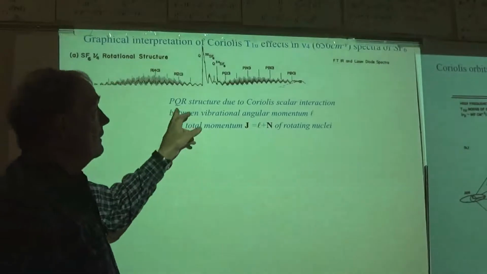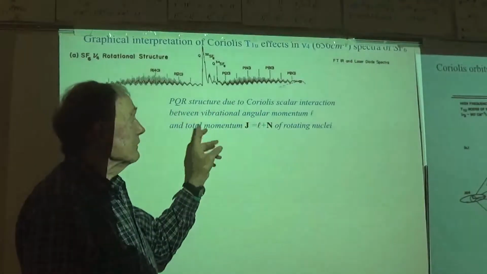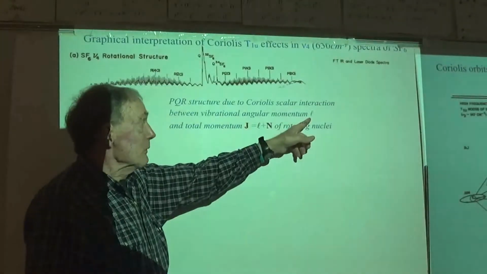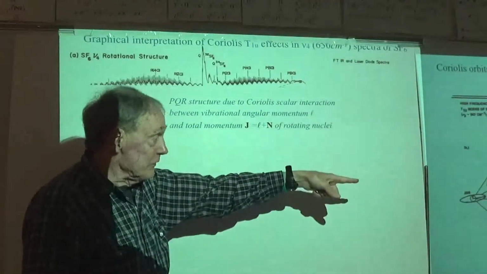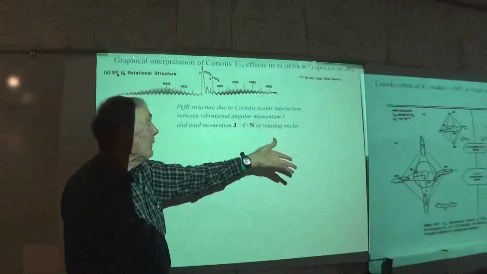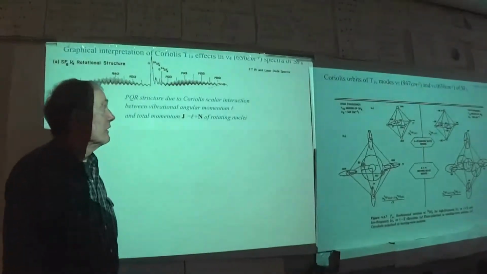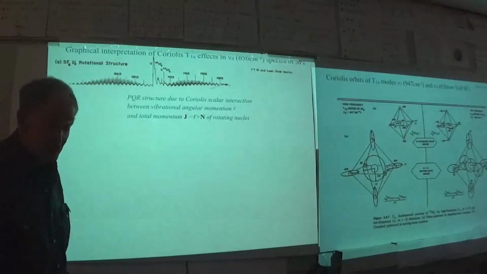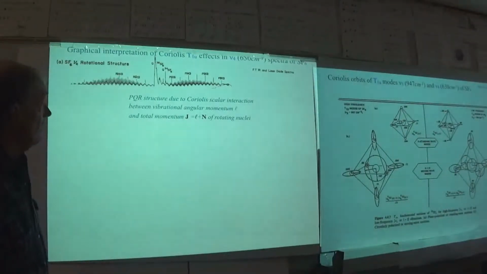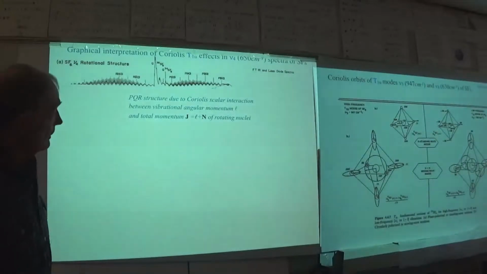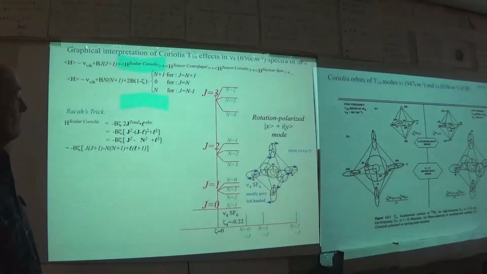This structure here is due to the scalar interaction of the vibrational angular momentum, the thing that makes those orbits have angular momentum now, and the total momentum of this configuration of nuclei that includes the nuclei as a rotor that doesn't have the orbits yet.